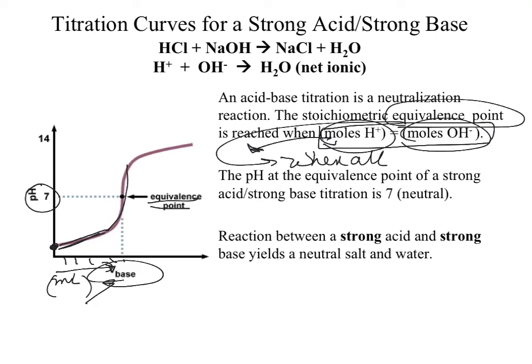It's the end of the reaction when all the acid has been neutralized. Really, to make this equation better, it should have been the moles of acid to begin with equal the moles of base added. Okay, so they've neutralized each other.